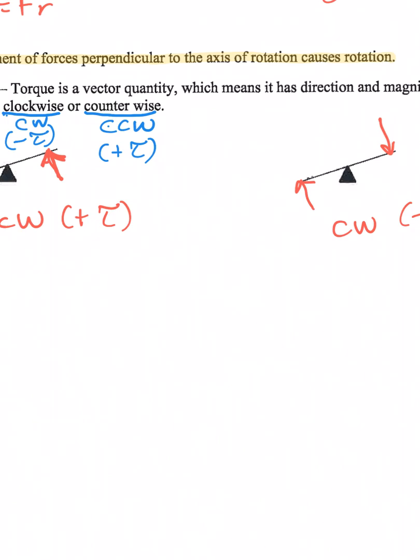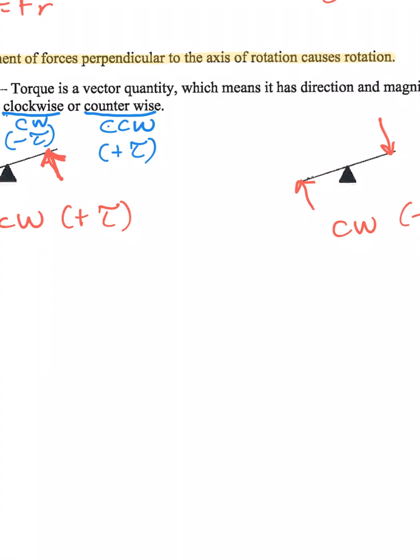Yep, right hand rule. That's exactly why, and that's an easy way to remember it, guys. Take your right hand and make it turn counterclockwise. Which way is your thumb pointing? Up. There's your torque. So the right hand rule will tell you whether it's positive or negative. Now rotate your hand clockwise with your fingers following. You have to flip your hand over, don't you? Now which way is your thumb pointing?